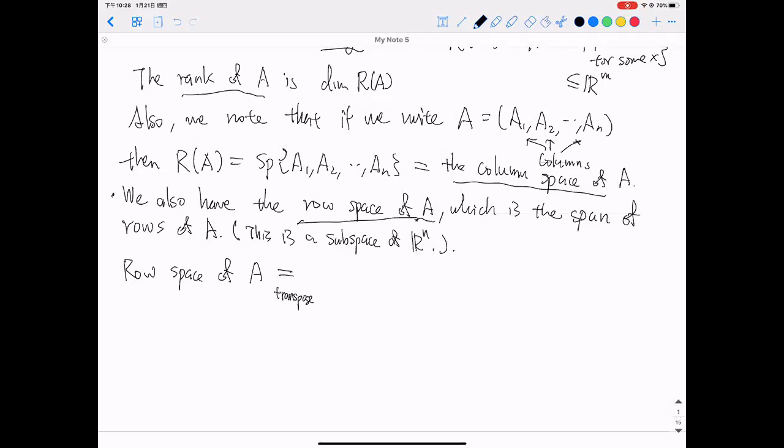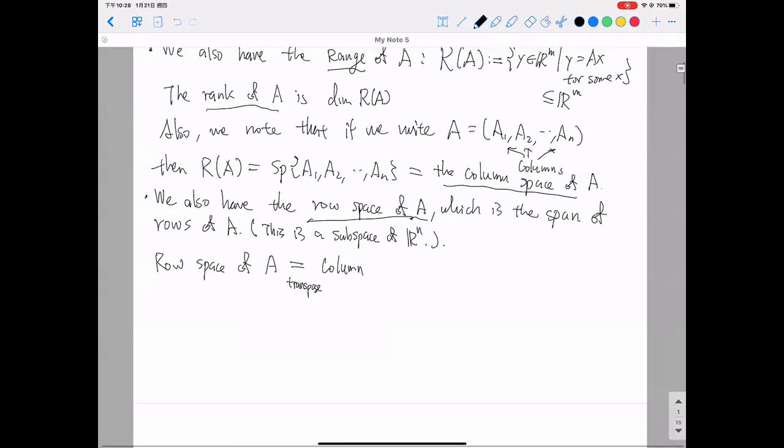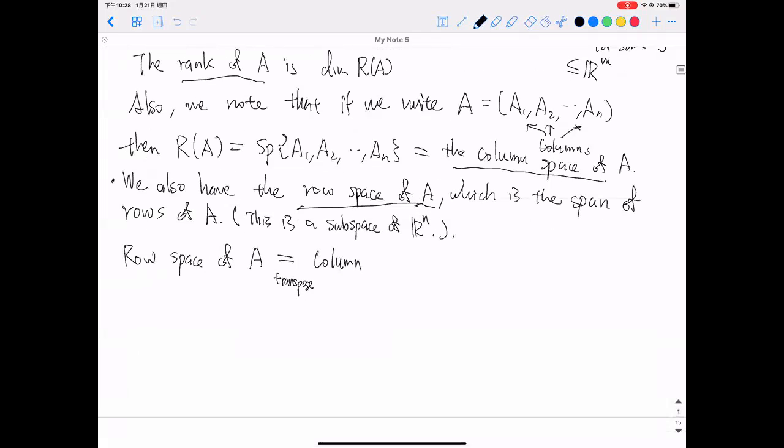So the rows of A after transpose become columns of the transpose. So the row space of A becomes the column space of A transpose.